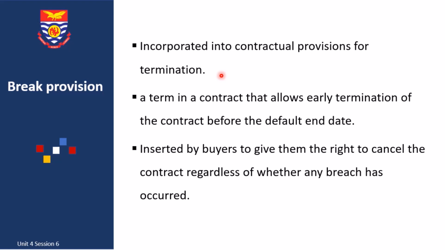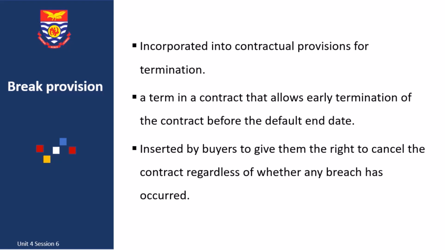It is usually inserted by buyers to give them the right to cancel the contract, regardless of whether any breach has occurred. So given the explanation for break provision, it means that such a clause is arbitrary and may be construed as unreasonable.